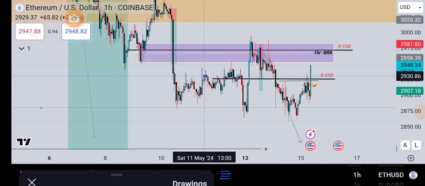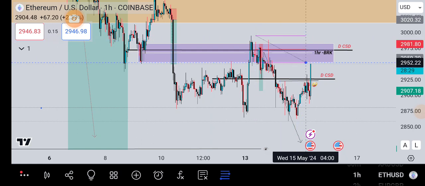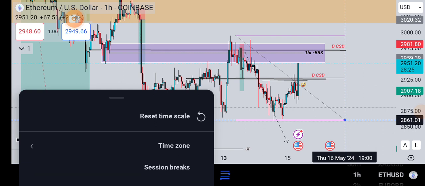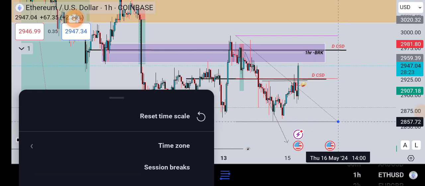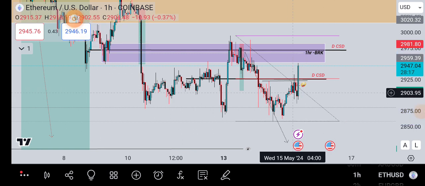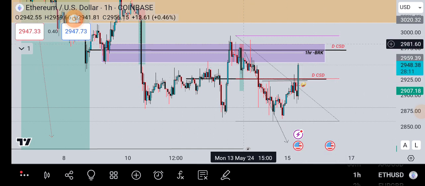So from the highest high, which is this high of this price leg, to the lowest low. We were basically inside discount. Over here we were inside discount, so I'm assuming because this red line is the 50% level from the highest high to the lowest low.